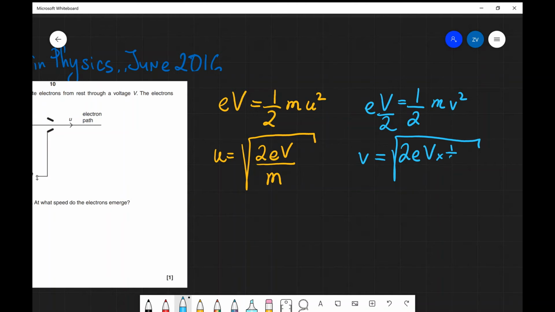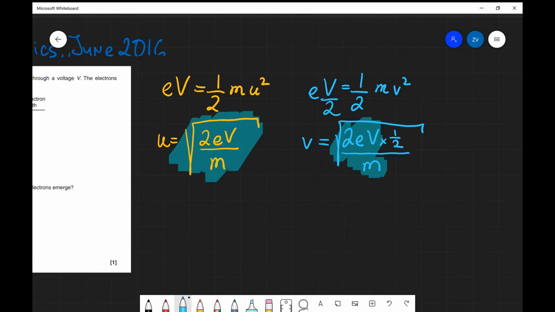I'm just going to write times a factor of a half divided by the mass. Well, hang on a minute. These are almost the same expressions, aren't they? So this expression, 2eV over m, is exactly the same as this one over here. This is essentially u.